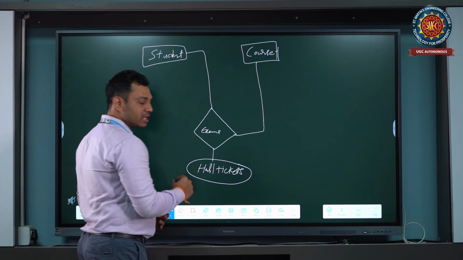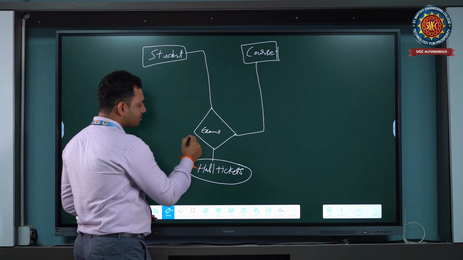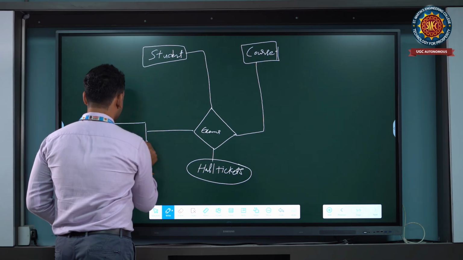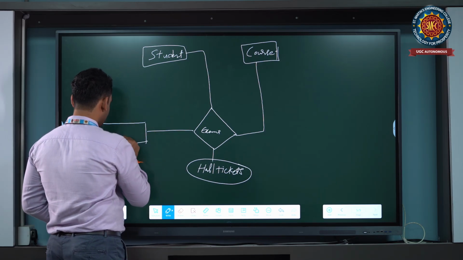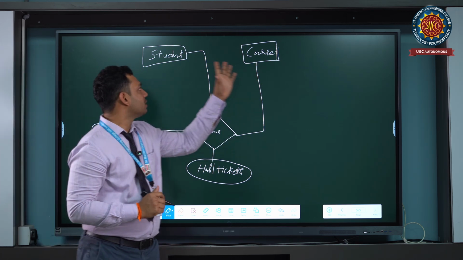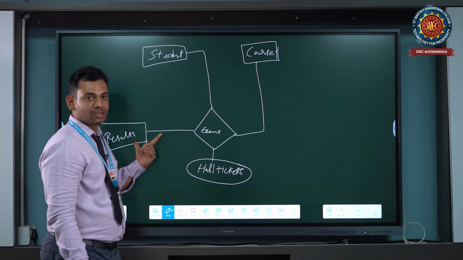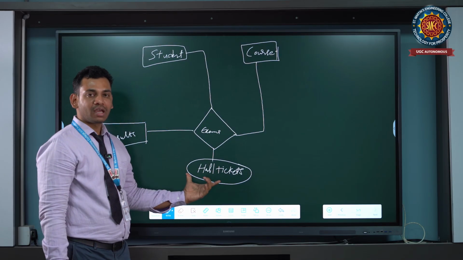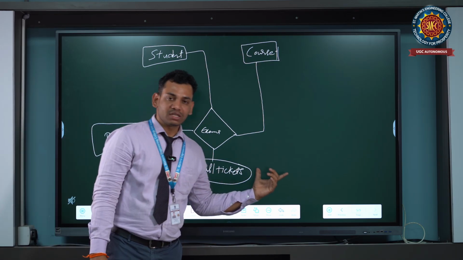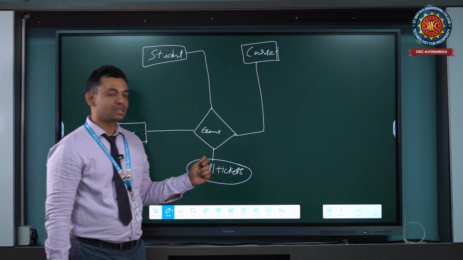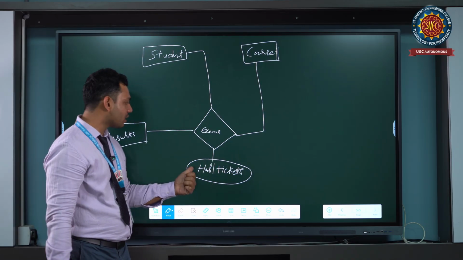Then they are writing their exams, and then later the examination branch again releases the results. So here is the connection between all the entities, and one attribute, because the students are enrolled with their exam registration process, and they are writing their exams with an admit card. It is a hall ticket they are using.